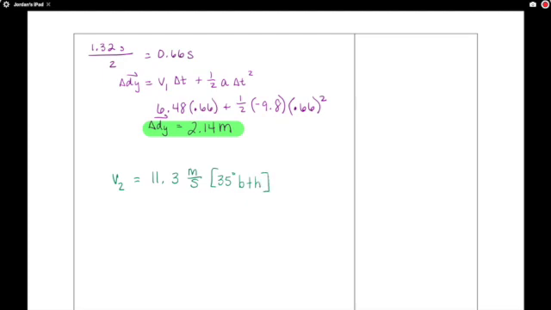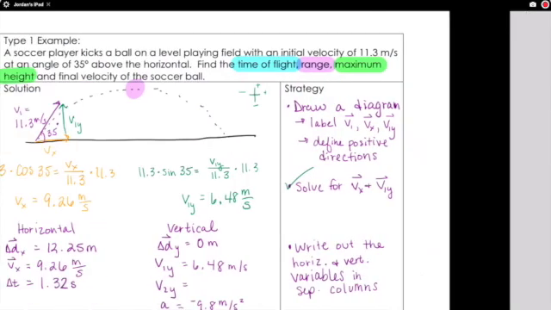So BTH stands for below the horizontal. Okay, so that's an easy way to remember or to solve for it because we know that it's over a flat surface. Okay, so that is our last part that we had to solve for.